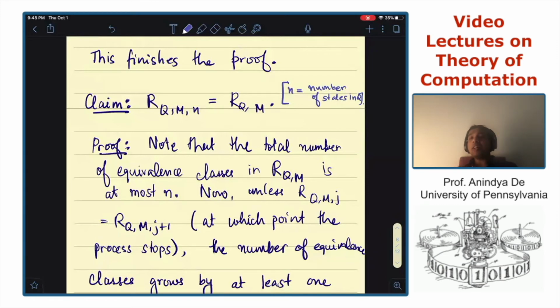Now observe this is an equivalence relation on the states of the DFA, so you cannot have more than n equivalence classes.